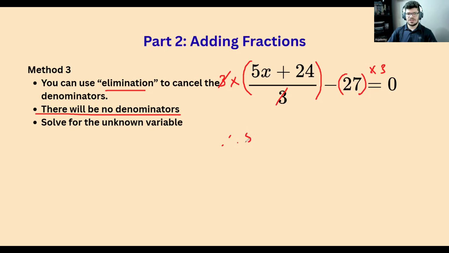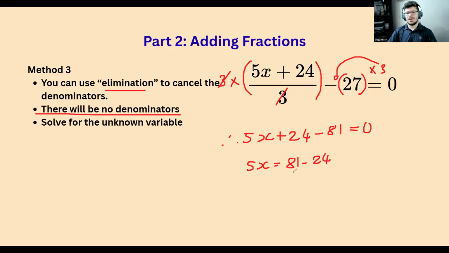What we have essentially is 5x plus 24, 27 times 3 is 81. You can take that 3 and also position it over here to still take into consideration the negative sign. 81 equals 0. Move the constant values over the equal sign. 5x is equal to 81, becomes positive 81 minus 24.